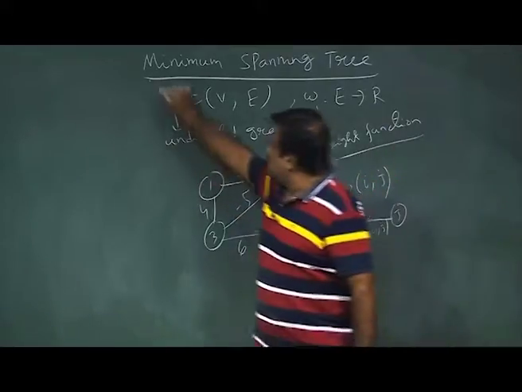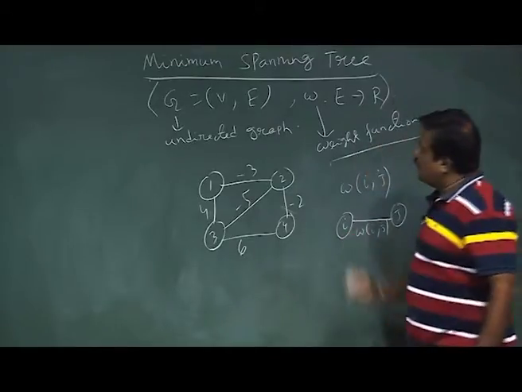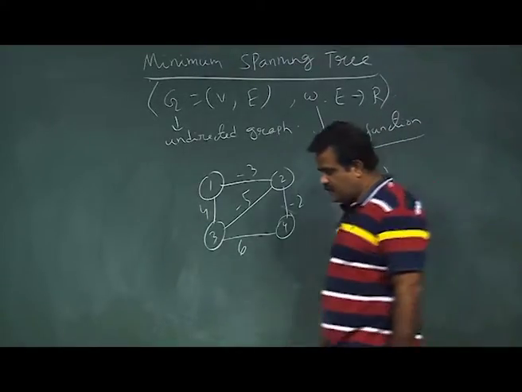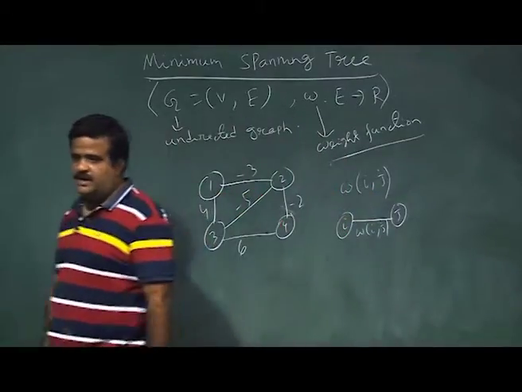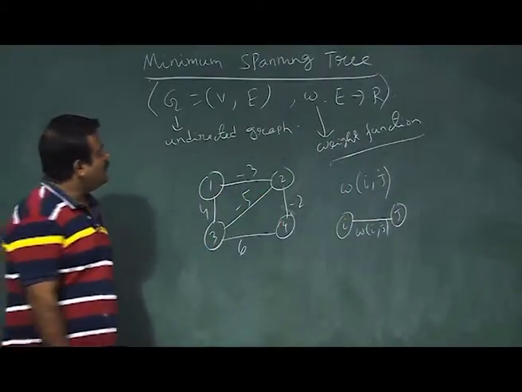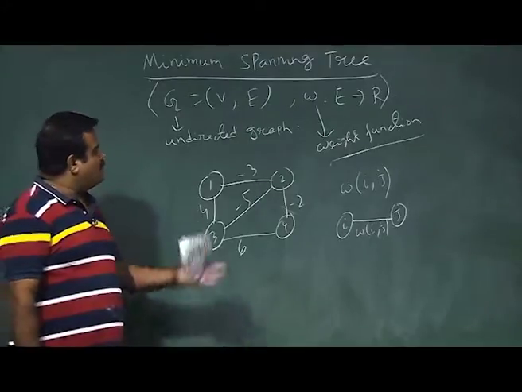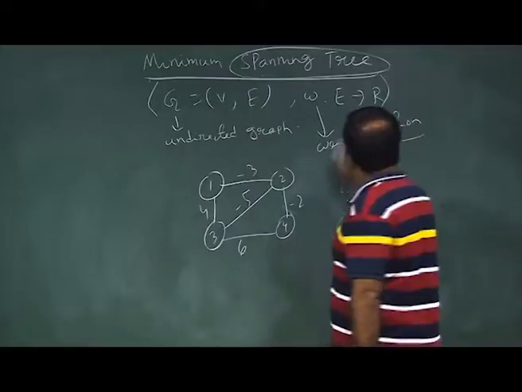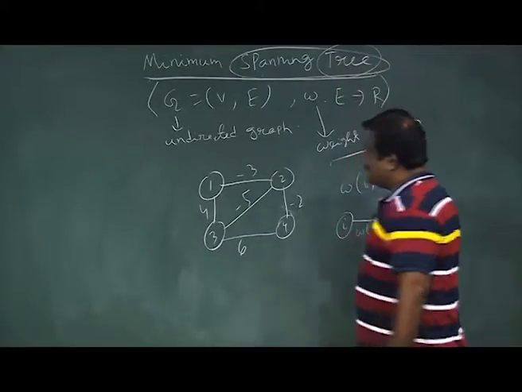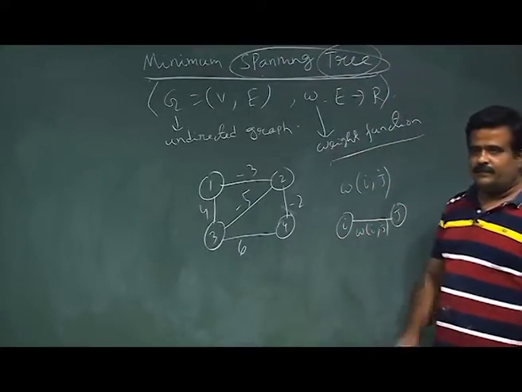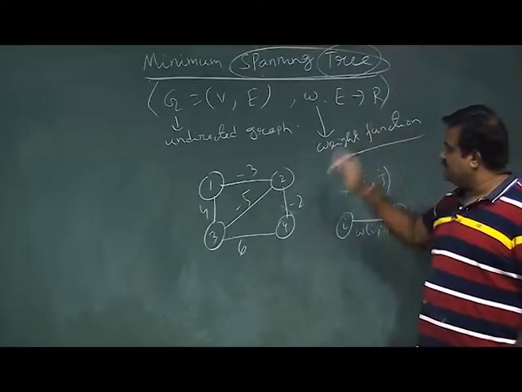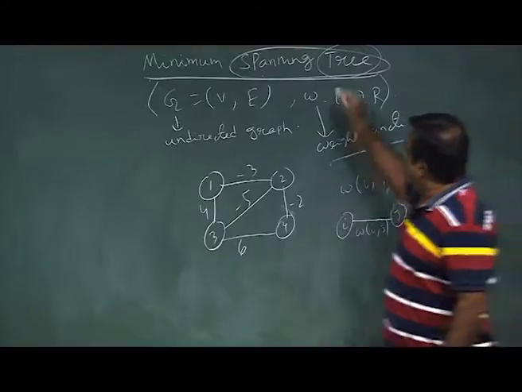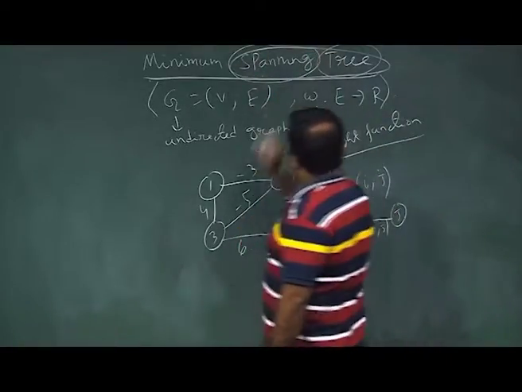These three are the input of a minimum spanning tree problem, and we have to find a minimum spanning tree. Basically we need to find a spanning tree of minimum weight. What do we mean by spanning tree? It is a subgraph, it is a tree, so it should not contain any cycle, and spanning means it should cover all the vertices.